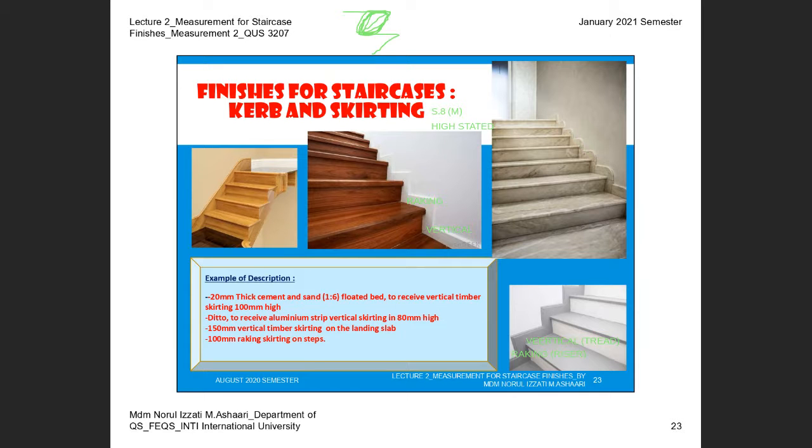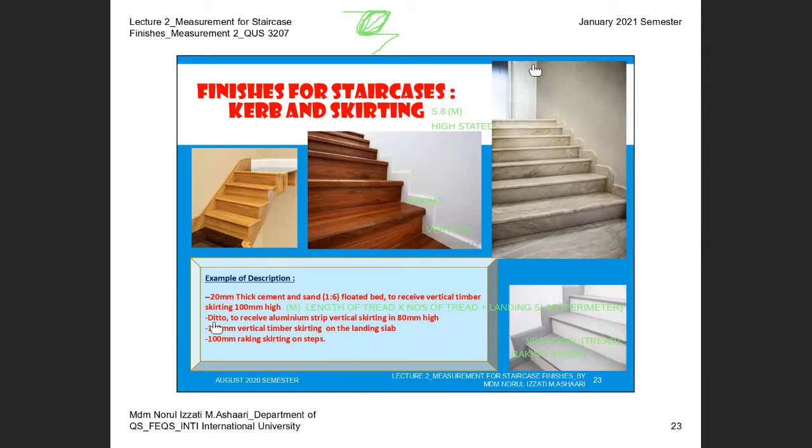If not, then only measure the length of the tread times the number of treads available. This skirting is normally attached to the brick wall. If we don't have a brick wall, definitely there will be no skirting. If you have a brick wall on one side, then you have the skirting. Look at this. There is no skirting at this side because this is open space.